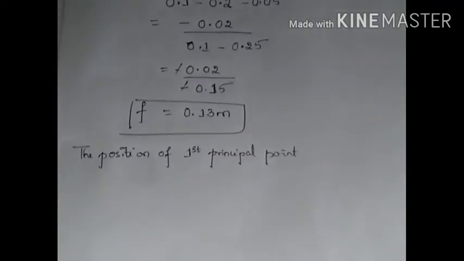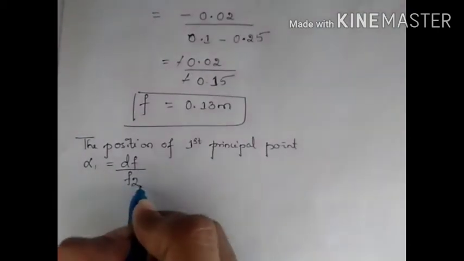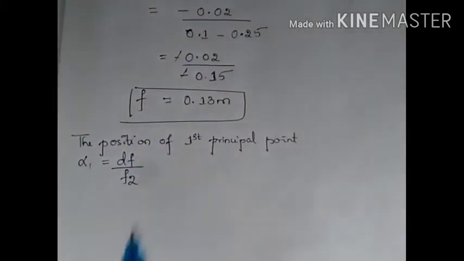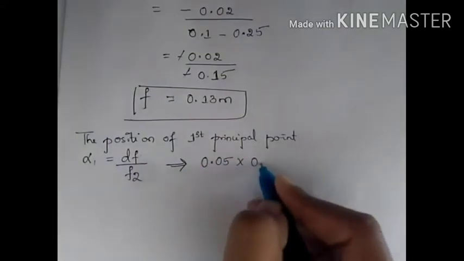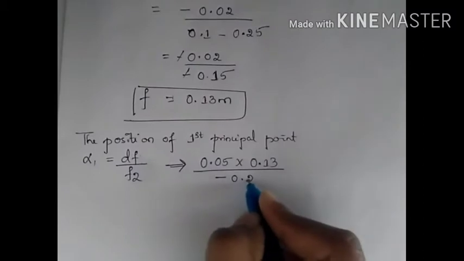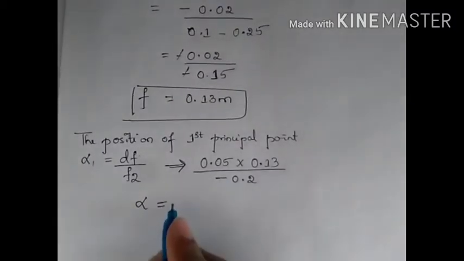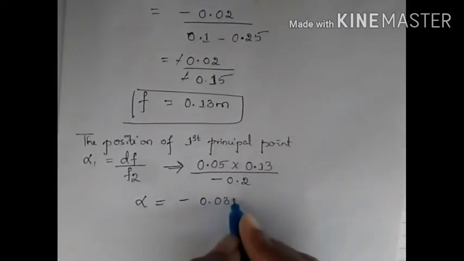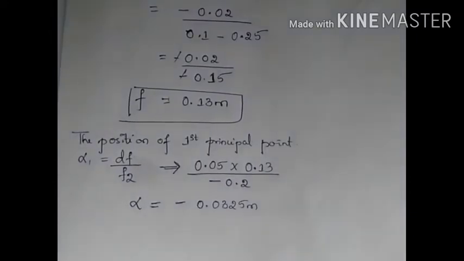The formula for the first principal point alpha 1 is equal to d f by f2, or you can also write this as capital F, since I have written small f here. Now substituting, d is 0.05 multiplied by 0.13, divided by f2, where f2 is 0.2. Since there is a negative sign here, alpha will be the negative value, that is 0.0325 meters. So it is situated at a distance of 0.0325 meters to the left of the first lens.